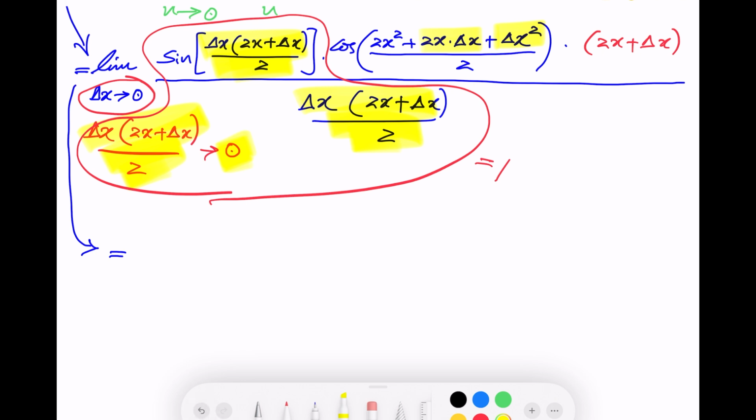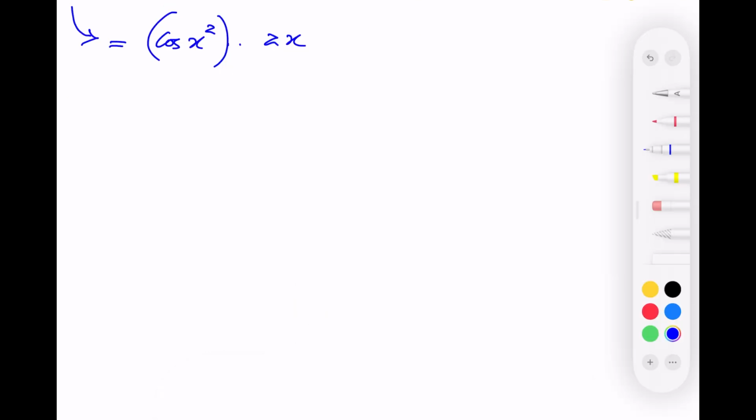Cosine 2x squared over 2 simplifies to become just cosine x squared. So this is equal to cosine x squared, that times we have this part, which simplifies to become just 2x when delta x is equal to 0. So this quantity has to be multiplied by just 2x. Now we are done. This is equal to 2x times cosine x squared.